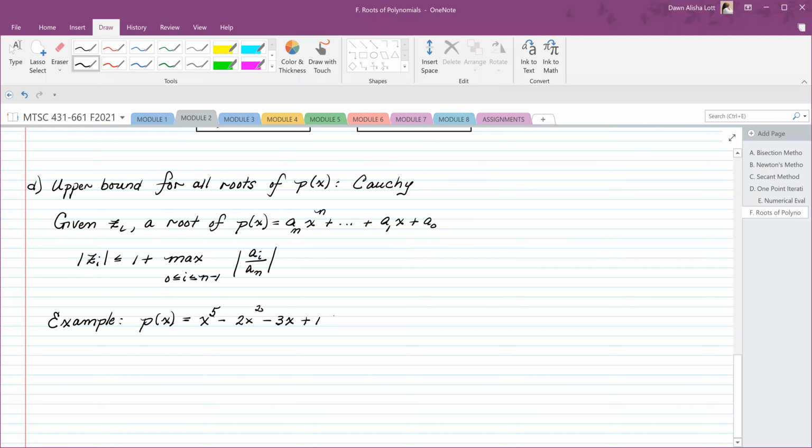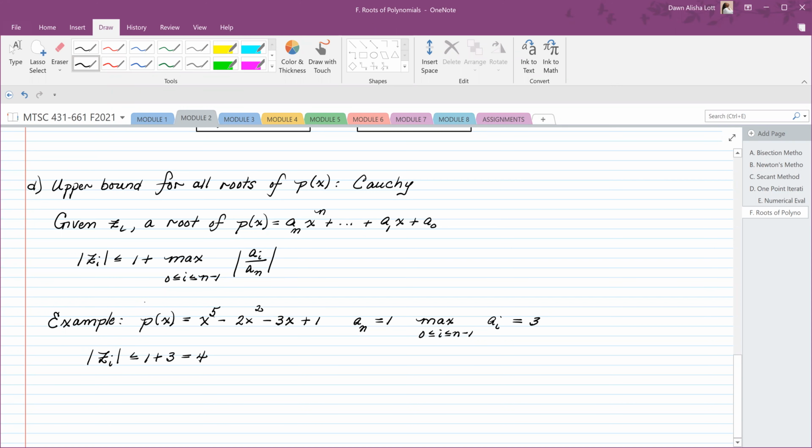So we have a_n is 1, and then the max over 0 less than or equal to i less than or equal to n minus 1 of the absolute values of a_i is equal to 3. So that implies the absolute value of z_i is less than or equal to 1 plus 3, which is equal to 4.